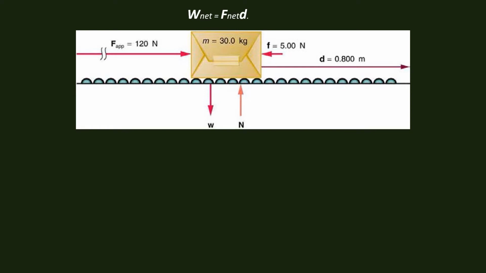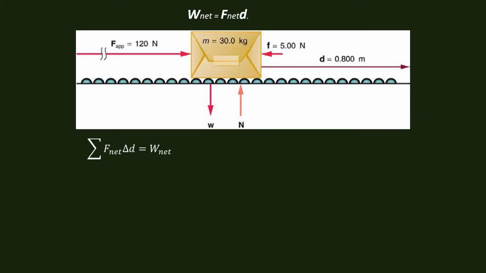Another example is showing where we have some applied force of 120 newtons pushing a crate along a bearing surface, okay? But the bearing surface does have an opposite frictional force of 5 newtons, and it also tells us how far this box is moving along, 0.800 meters.